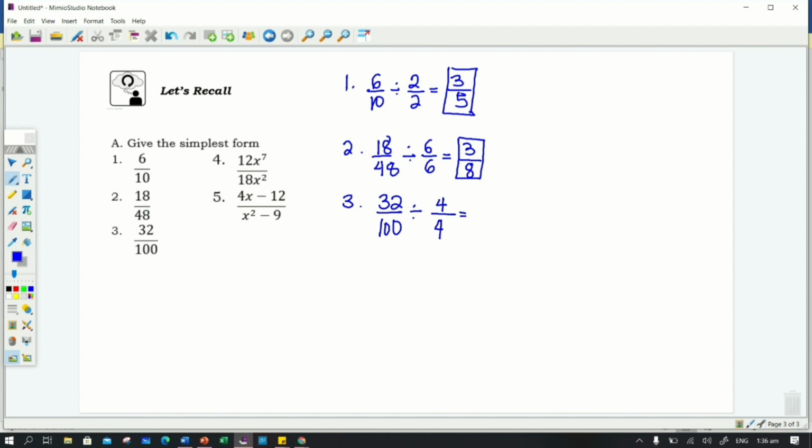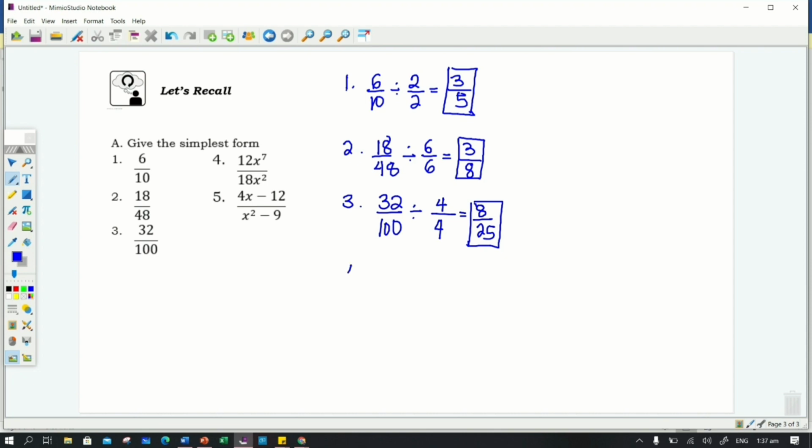So if we divide it by 4, we have 32 divided by 4, the answer is 8, all over 100 divided by 4, the answer is 25. So this is now the lowest term of 32 all over 100.